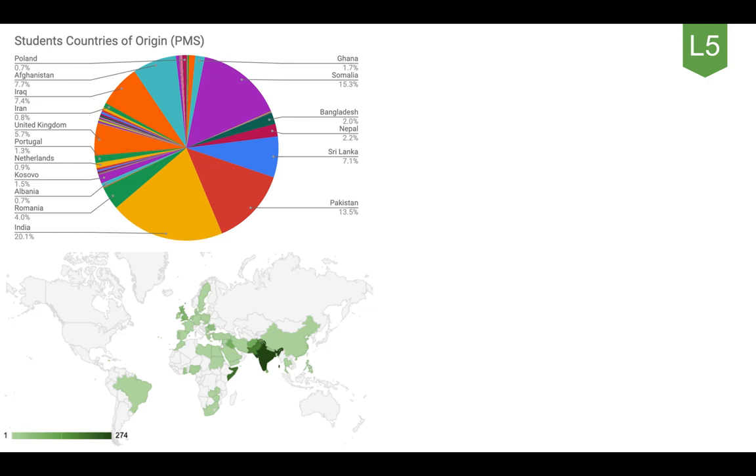Out of 1,300 and something students, we've got a large number, the largest number actually coming from India, Pakistan, and then followed by Somalia and Sri Lanka and Afghanistan and Iraq.